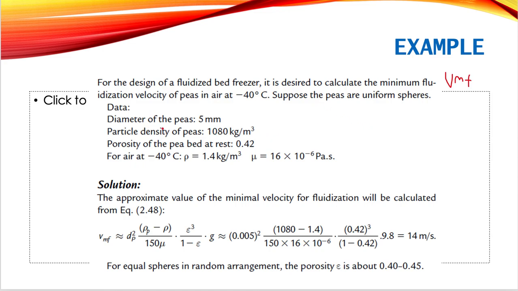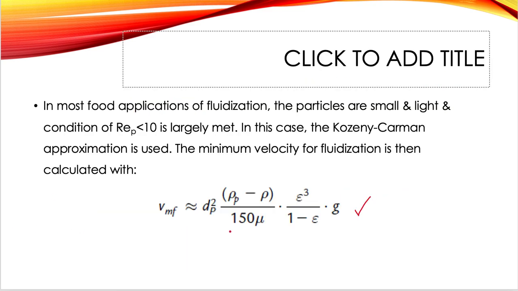The data given are: diameter of peas 5 mm, particle density of peas, then porosity of the pea bed at rest, and for air at negative 40 degrees Celsius, they give the density as well as the viscosity.